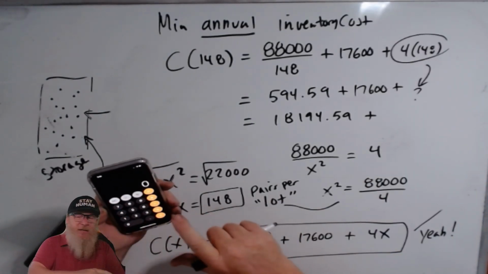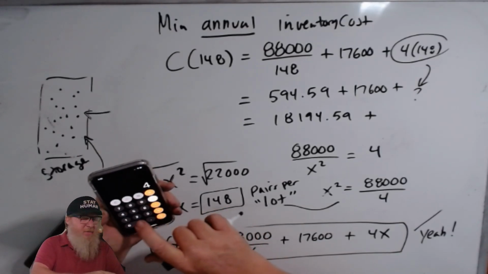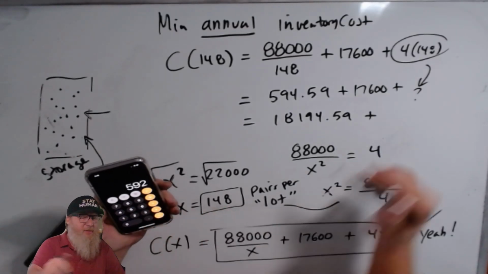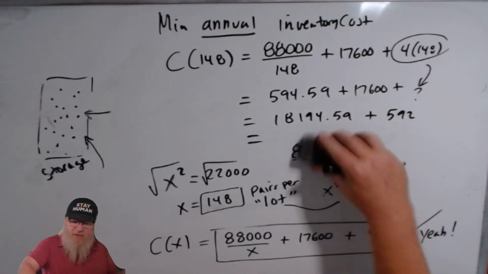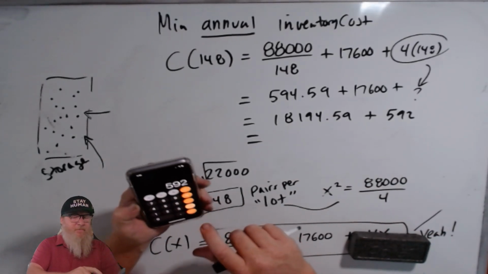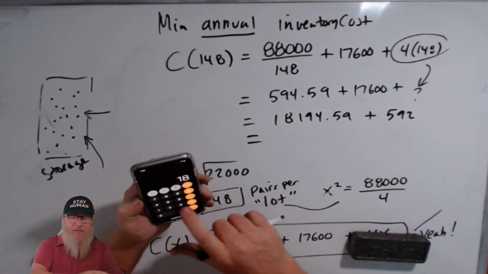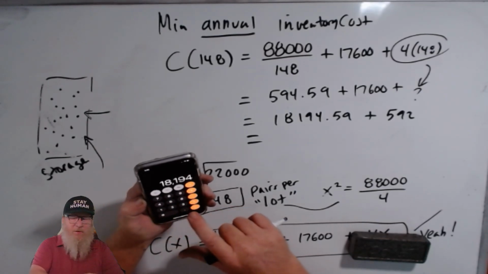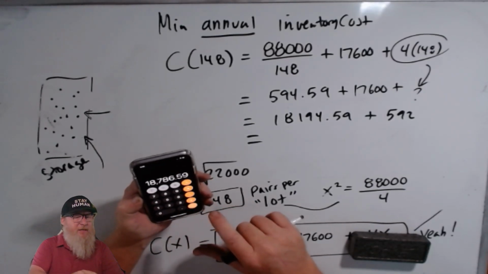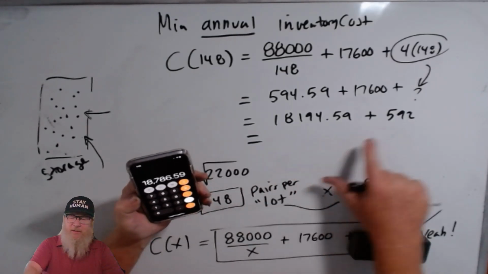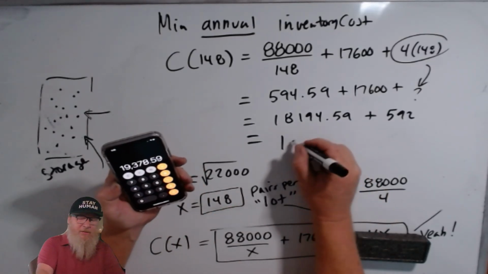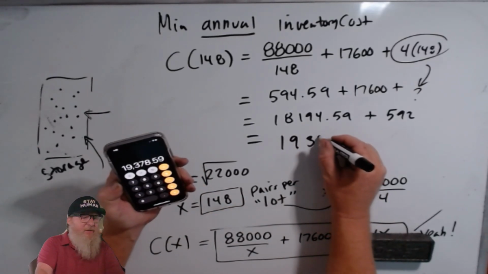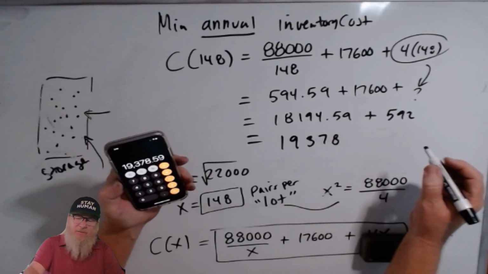So what's that? 4 times $148 is $592 for a grand total of a lot. $18,194.59 plus $592. Now the grand total is $19,378.